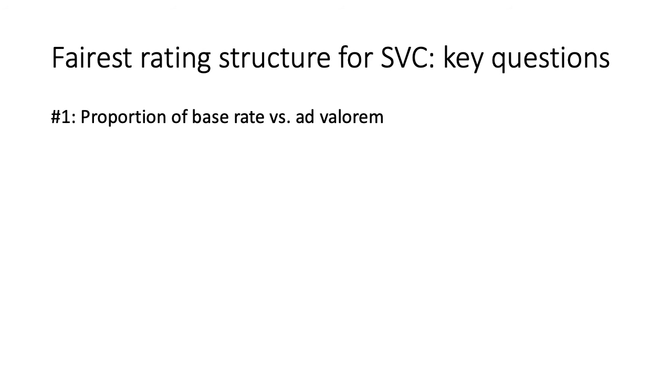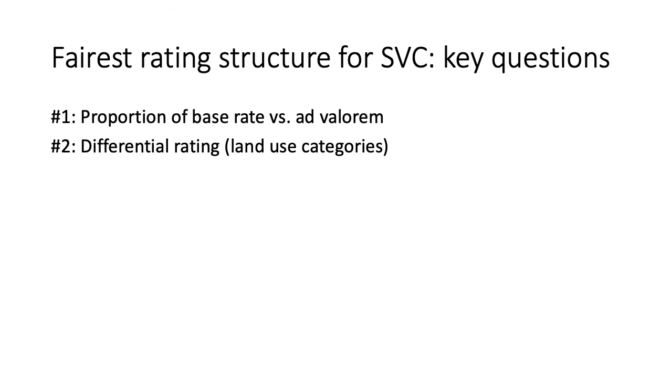And as we saw, there were three key questions to consider as part of this process. Firstly, the proportion of the base rate versus the ad valorem rate. We saw that for residential land, it makes sense to have a higher base rate, where for farmland, a lower base rate is arguably fairer.